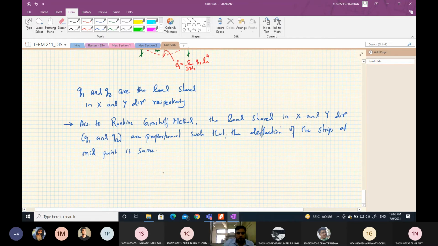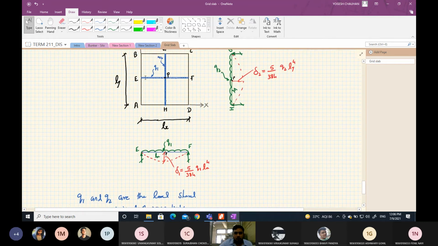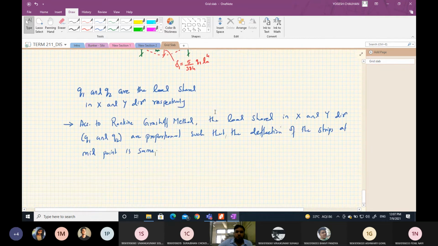That means this strip and this strip will deflect by same amount.